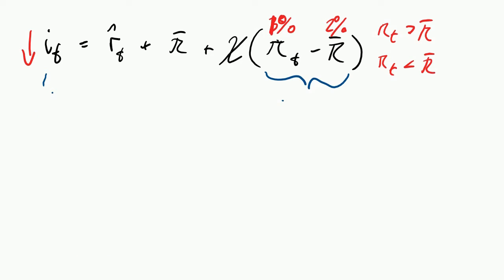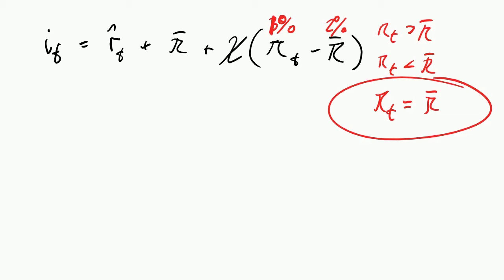The reason is that if the central bank's target is credible, then market actors, who we assume have rational expectations, will rightly expect that the central bank will achieve its target. Therefore, in the long run, inflation will not be off target, and we have that pi t will always equal pi bar.